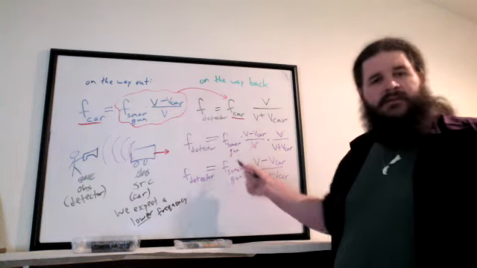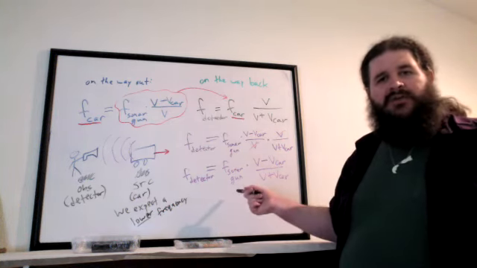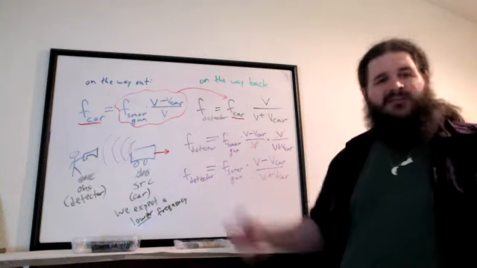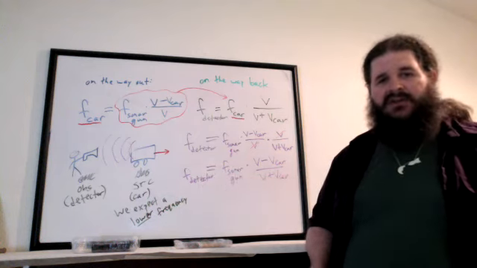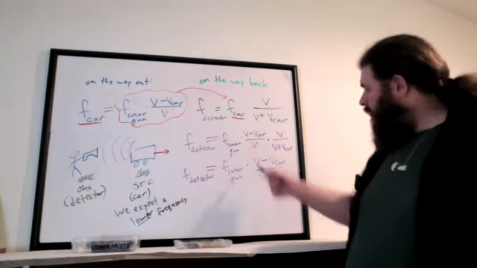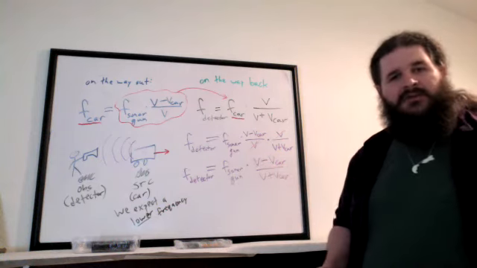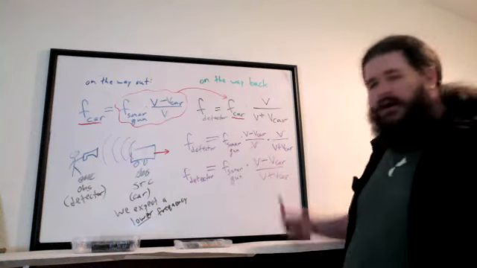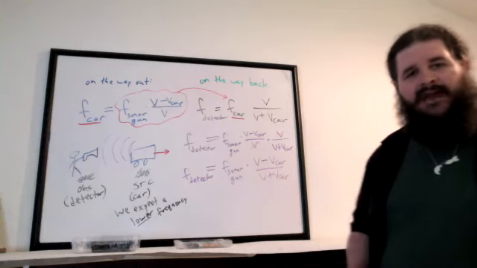So now frequency created by the sonar gun is going to be a known value. Frequency received by the detector is going to be a known value because that can be measured by the detector. Speed of sound is known, that's 343 meters per second. Speed of the car is the only unknown left, so we can then solve for that.